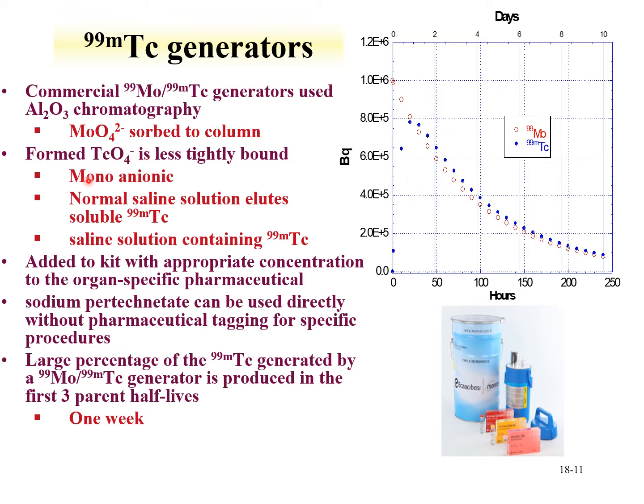So once the molybdenum is sorbed onto a generator, the generator can then be shipped to a hospital. The technetium is eluted in the saline solution, it's added to a kit with an organic specific radiopharmaceutical, and that compound is then introduced into the patient to achieve some physiological imaging.